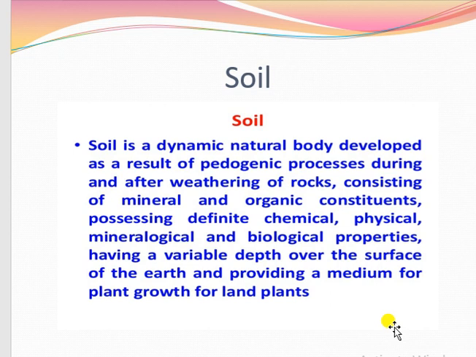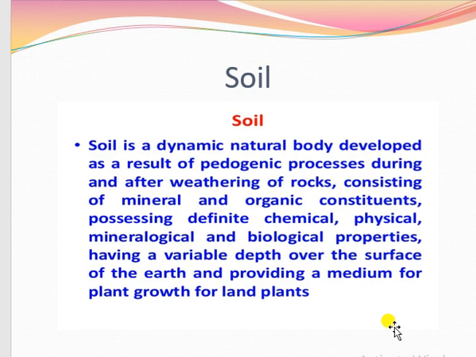In short, soil is a dynamic natural body which is composed of organic matter, mineral matter, and the form in which plants grow. This is a simple definition of soil given by the father of soil science, Dr. V.V. Dokuchaev.